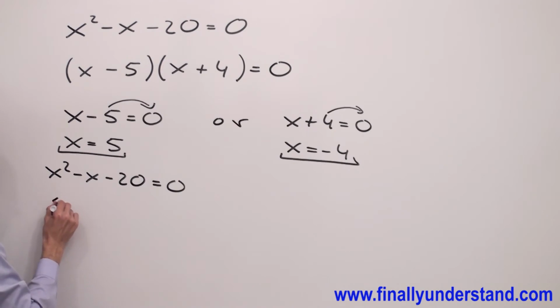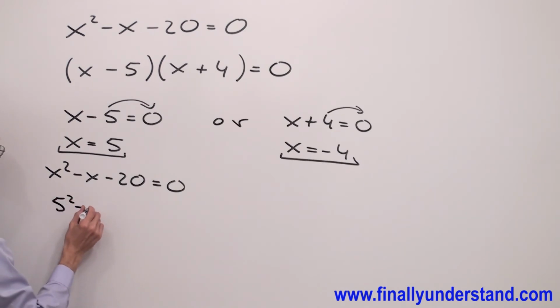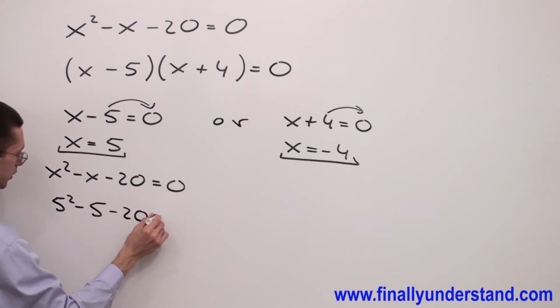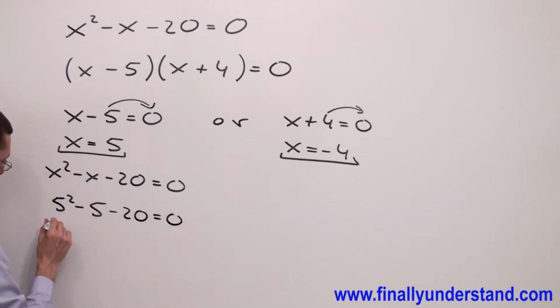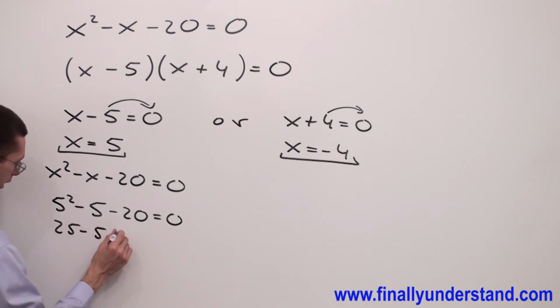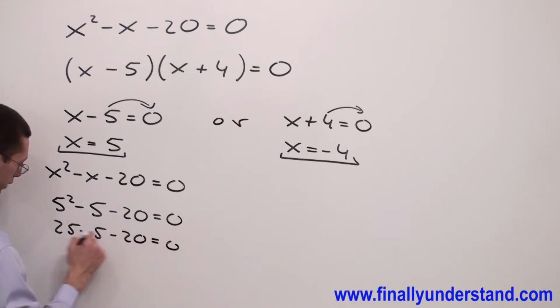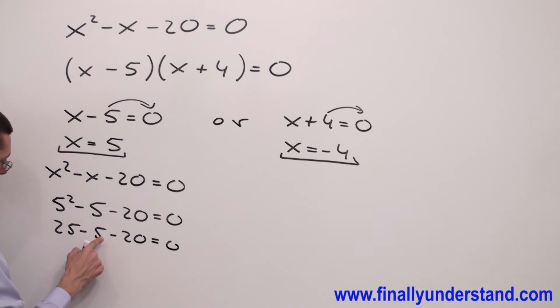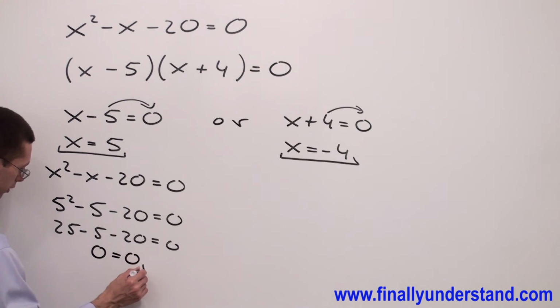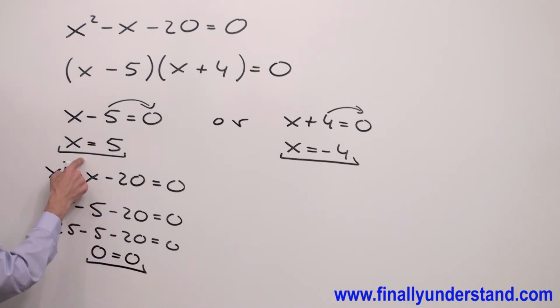So I have 5 to the second power minus 5 minus 20 is equal to 0. So I have 25 minus 5 minus 20 is equal to 0. 25 minus 5 is 20. 20 minus 20 is equal to 0. 0 is equal to 0. So this is a correct answer.